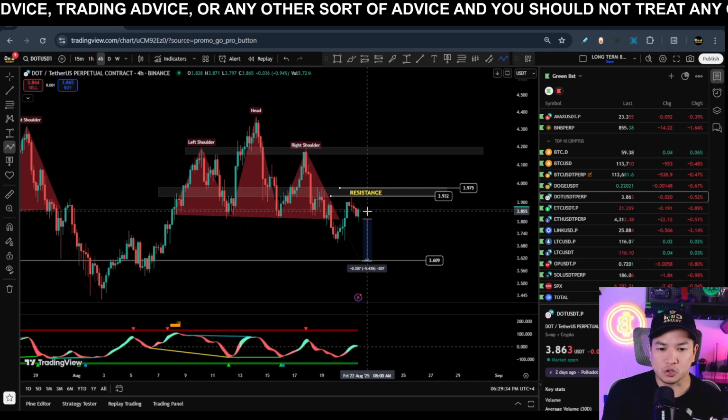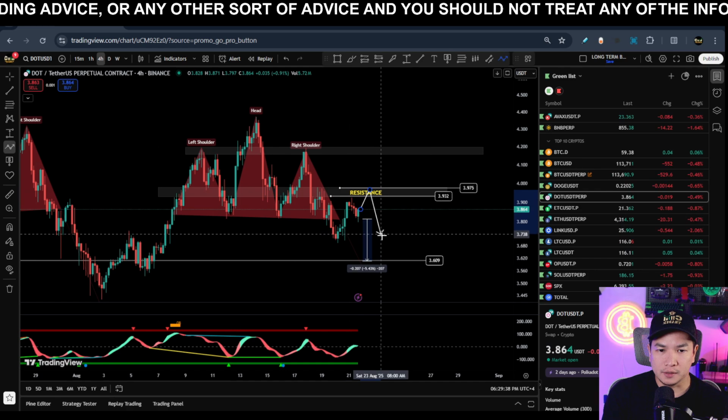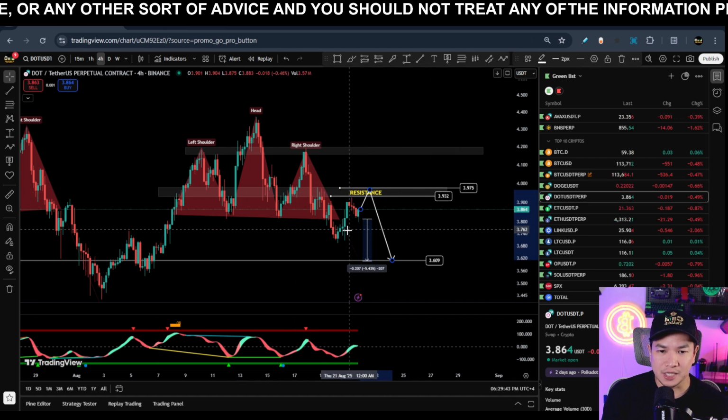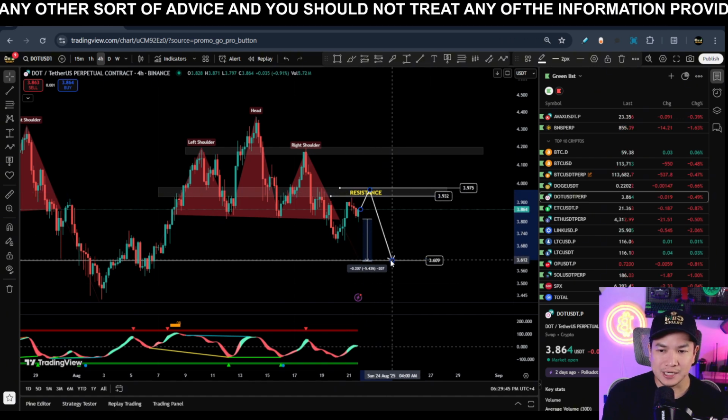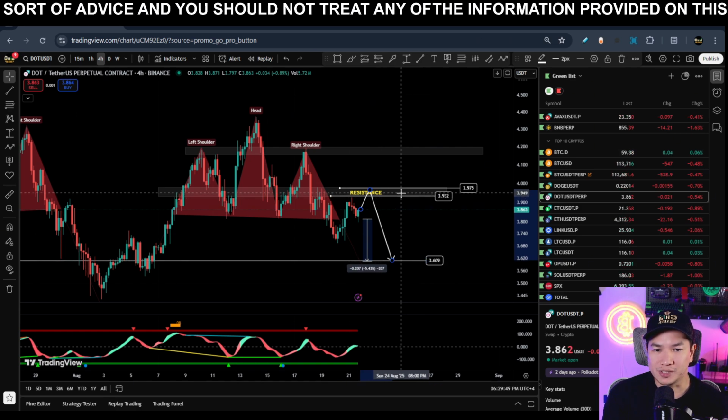My immediate short-term analysis: if Polkadot gets rejected near this resistance, then probably it will retest this head and shoulders pattern target at around 3.6.